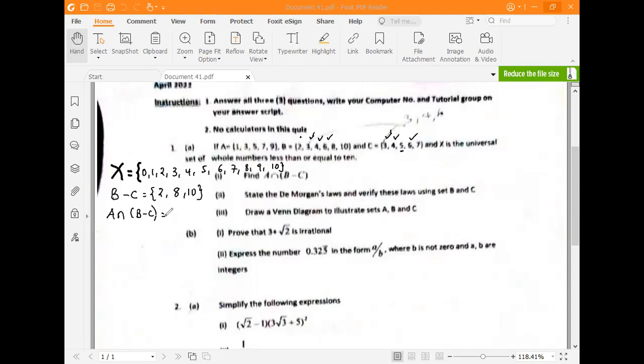Since here we only have 3 elements, which of these elements also belong to A? So 2 is not in A, 8 is not in A, 10 is not in A. So A intersection B minus C is an empty set.